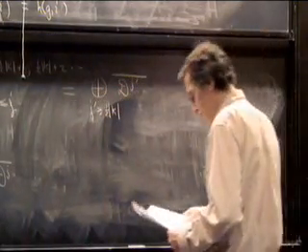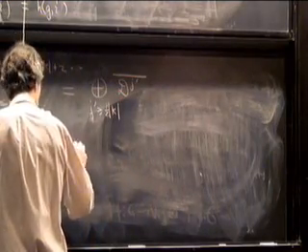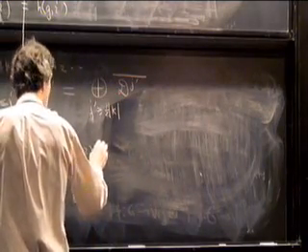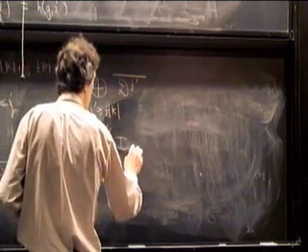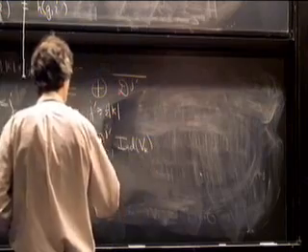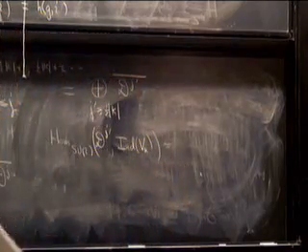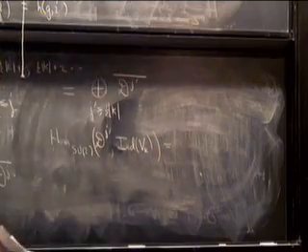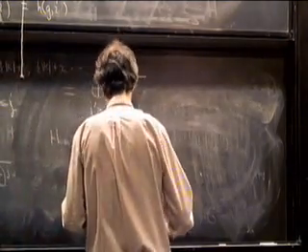You can check Frobenius reciprocity. You can check that Hom_SU2 of d^{j prime} with the induced representation of V_k, the one I just wrote, has multiplicity 1, and it only exists when j prime is in this range here.